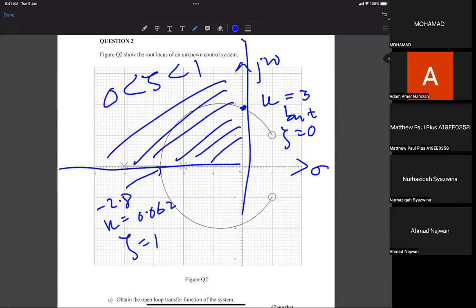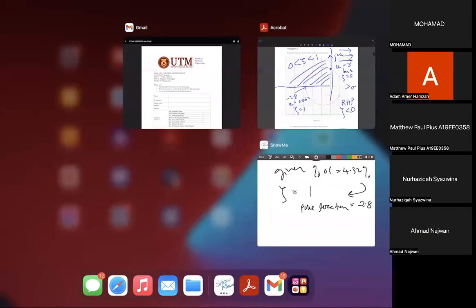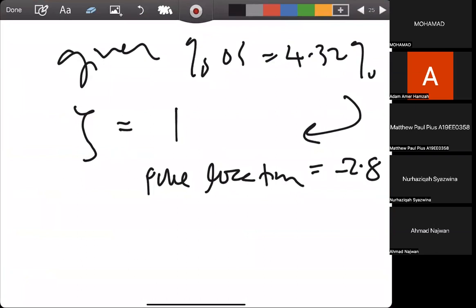How about this one, on the right half plane? On the right half plane, zeta is less than 0, negative, meaning unstable. So we already know the pole location from the locus graph.